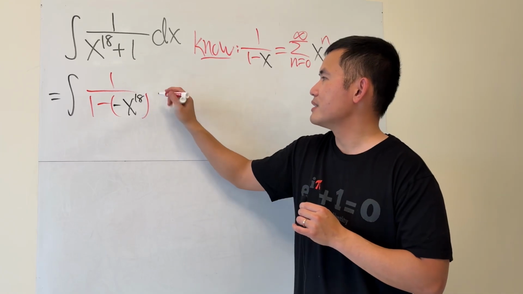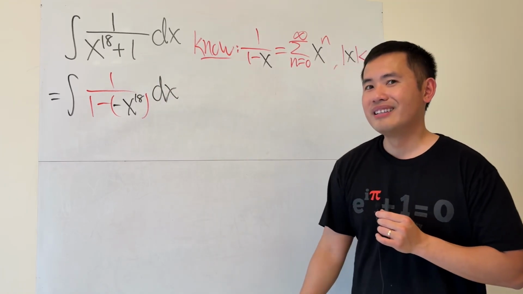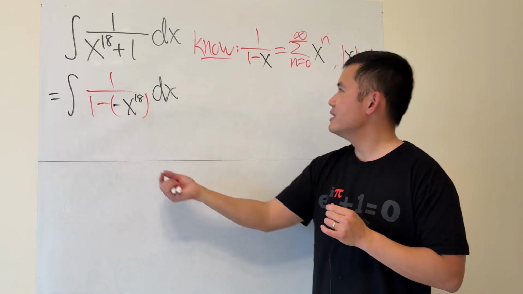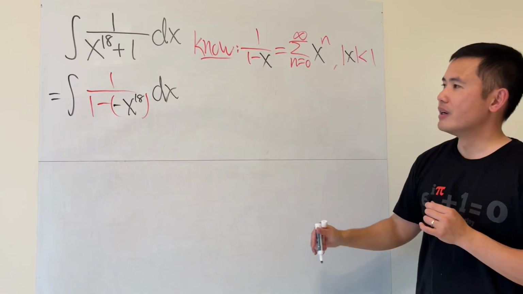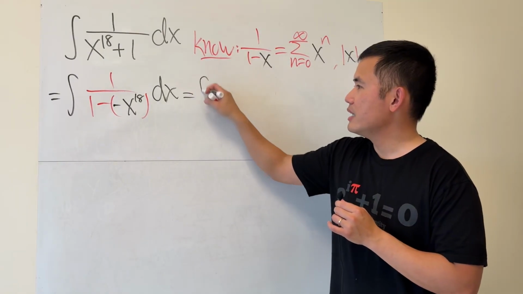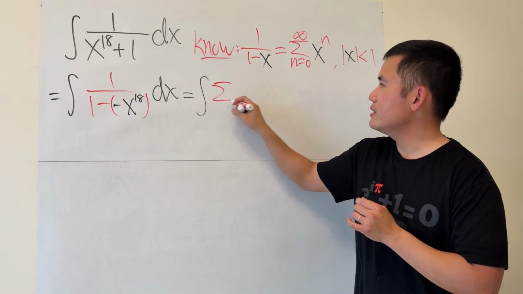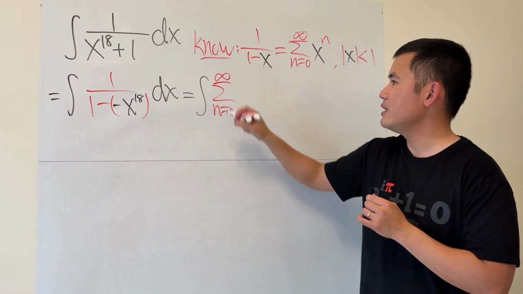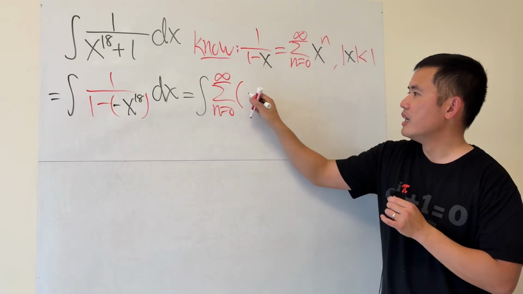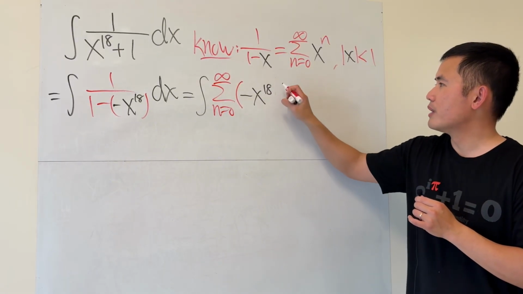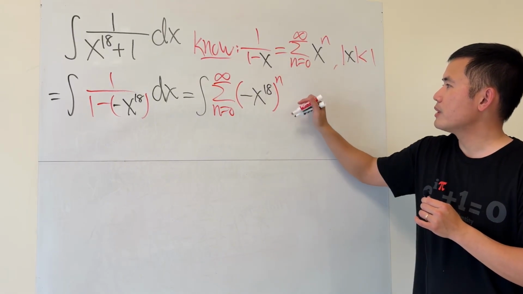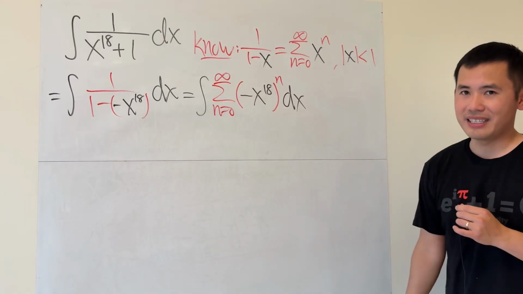That works wonders. Now we can just put this into this right here. So we will get the integral of the summation as n goes from 0 to infinity, and then just go ahead and enter negative x to the 18th power and then raised to the nth power, just like that.